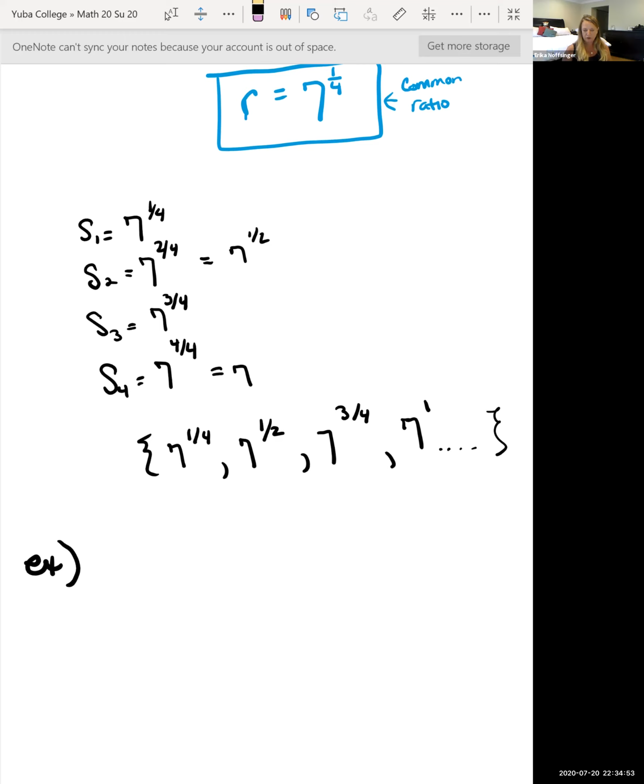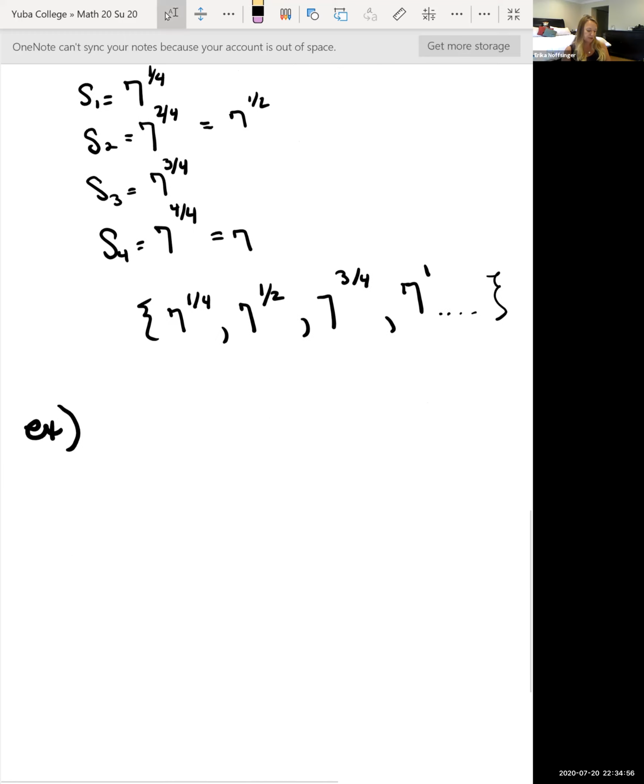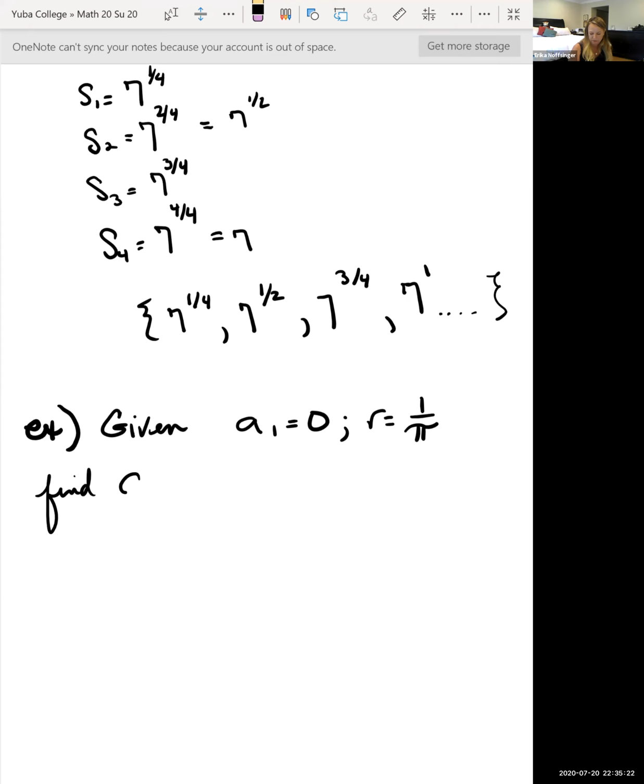So given information about a geometric sequence, you should be able to find the formula for the nth term. So if you're given a sub 1 is 0, and r is equal to 1 over pi, find a sub n, and let's say a sub 20, and you're given it's geometric.